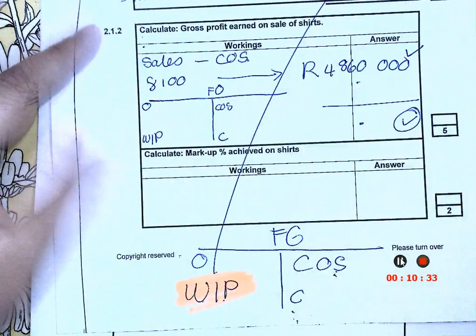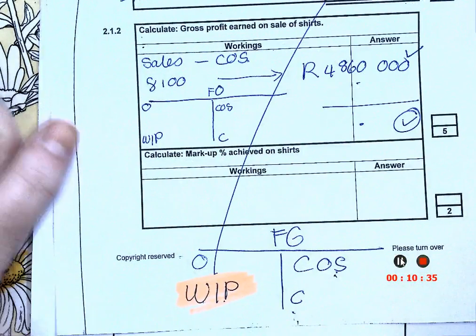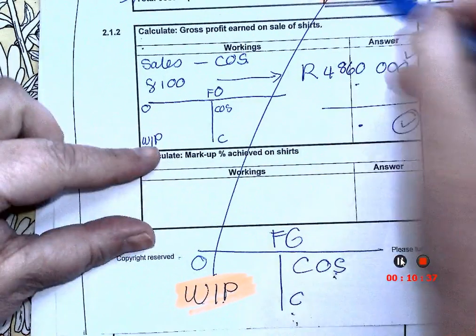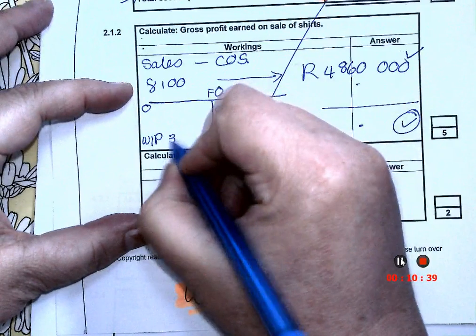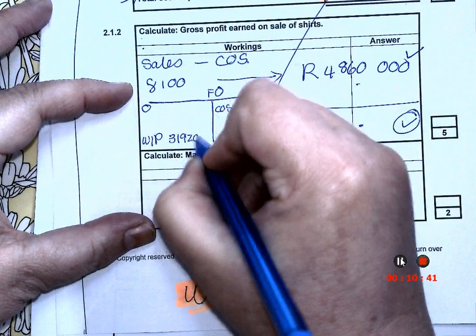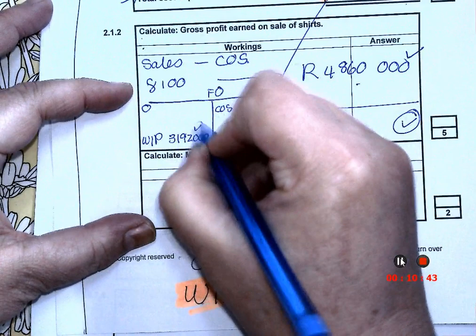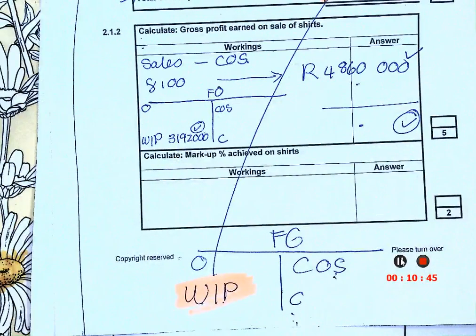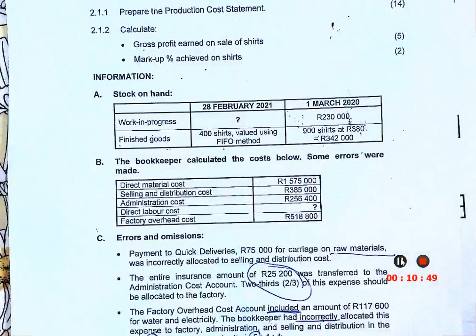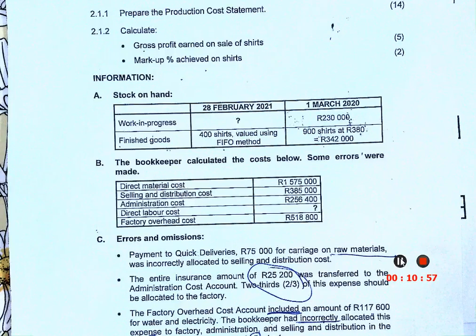I'm not doing it like this. So now, if I look, my work in process, I'm going to transfer that. 3192. And for doing that, I already got a principal. Then, finished goods. Oh my goodness. There they give me inventory valuations. Can you see that? So now I just want to cry.